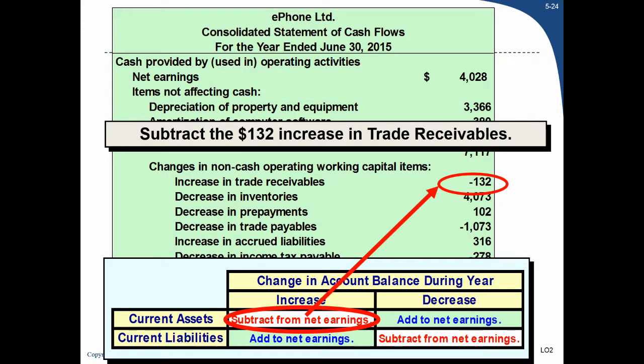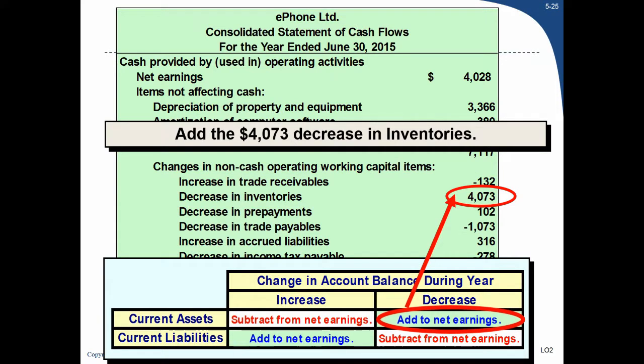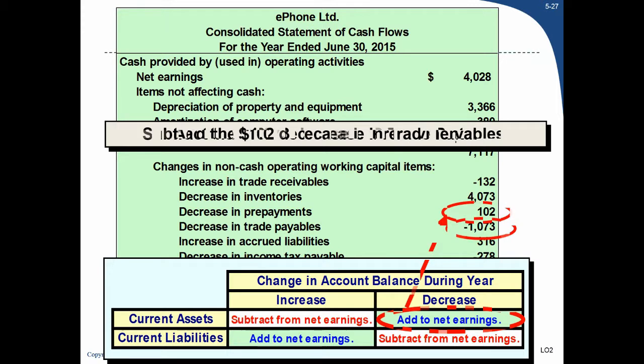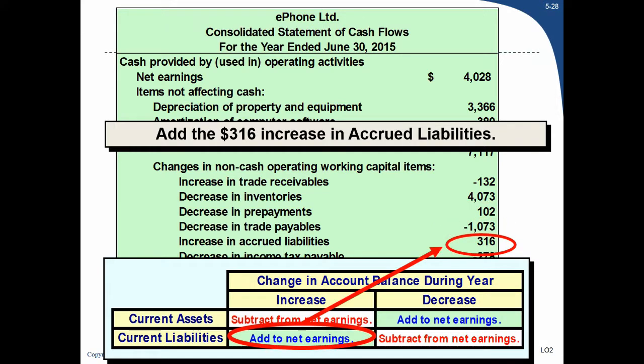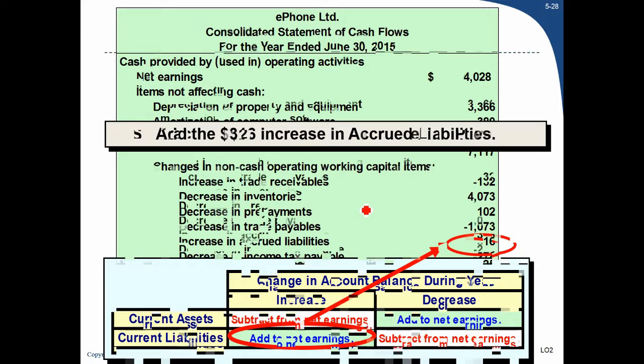This part of the slide will just walk you through what segment we're in for each of these accounts. So I recommend you look at this on your own when you're doing the problems. If you can't get the directions right, it might help to identify each of these accounts as an asset or a liability for yourself.